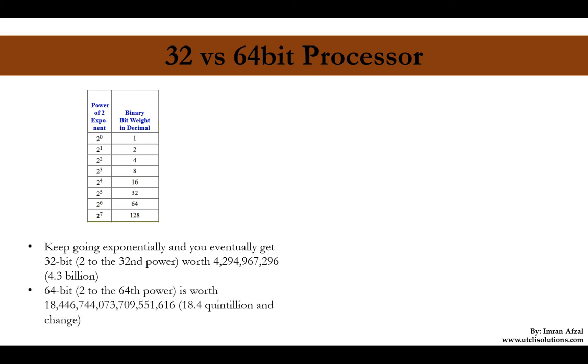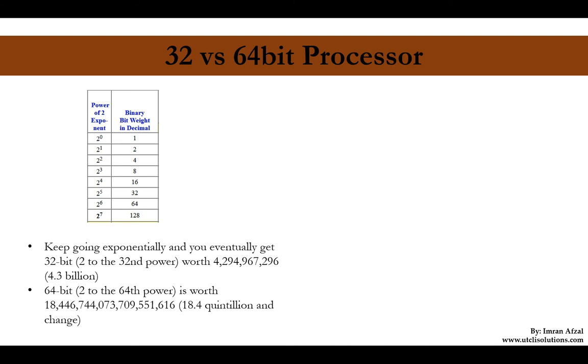processor. Now, if it is a 64-bit processor, which is going to be 2 to the 64th power, is worth, wow, 18 point quintillion and change. That's so much I cannot even translate it into how many gigabytes it will be. So now your processor becomes so powerful that it could process so many of that data unit in a shot, and it could take that from your memory.